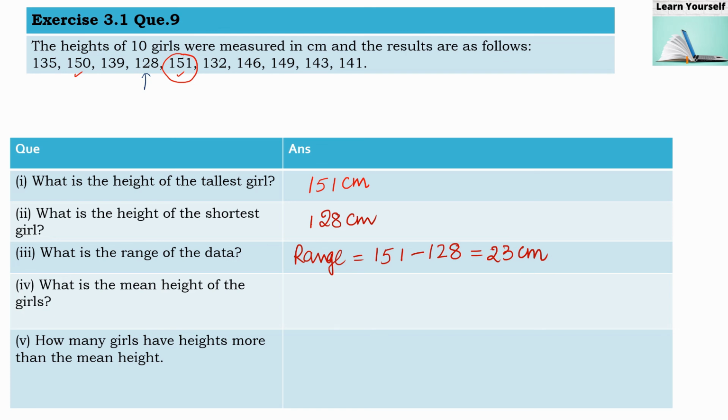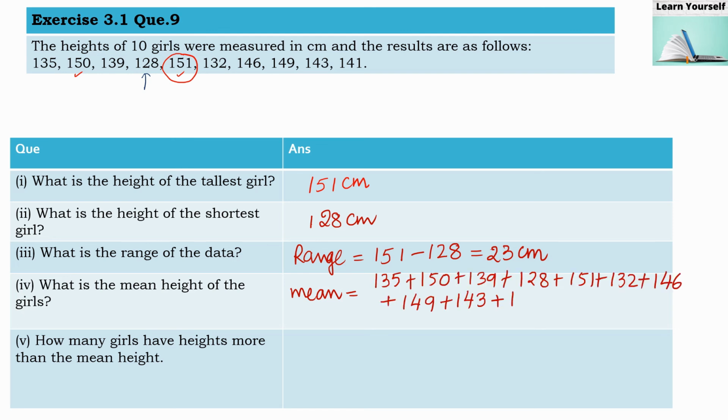Now, what is the mean height of the girls? For the mean we have to find the arithmetic mean, which we find by adding all the observations divided by the number of observations. Here we add all the observations, which gives 1414, and divide by the number of observations.